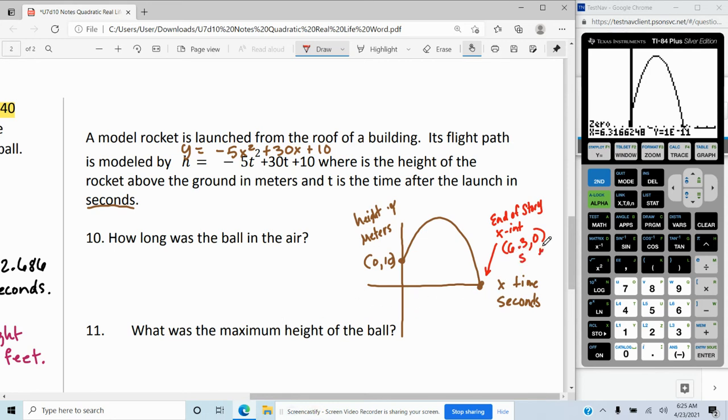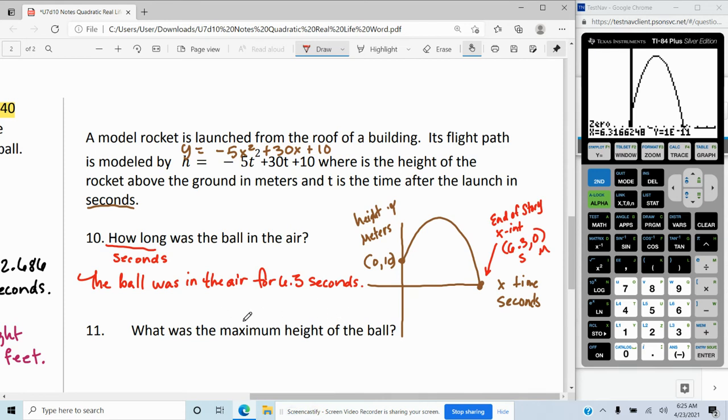This is in meters. So seconds is the better answer for how long. They really want to know seconds, right? And so what I'm going to say is the ball was in the air for 6.3 seconds, boys and girls.